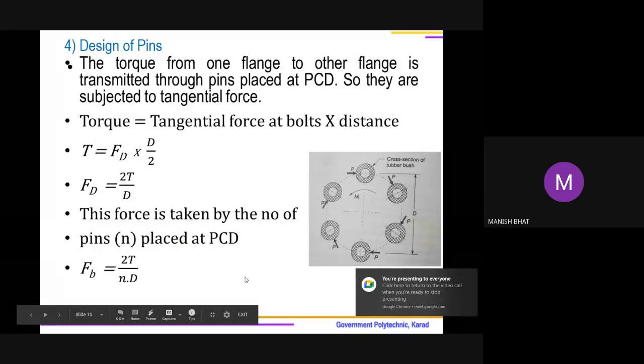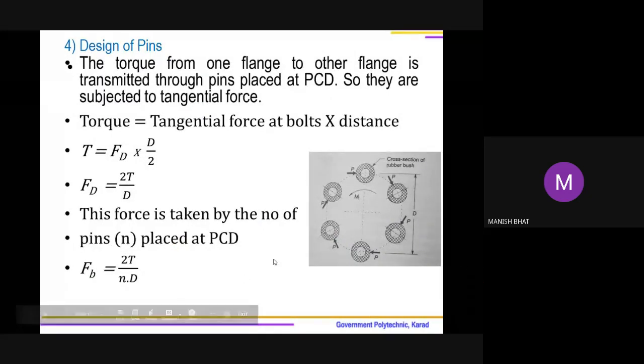We will be finding out how much force is coming on individual pin, and for that sake we will be dividing this force FD divided by N. So if I divide FD, the total force acting at the pins, by number of pins used, I will be getting force acting at the individual pin, or say at the individual bush.